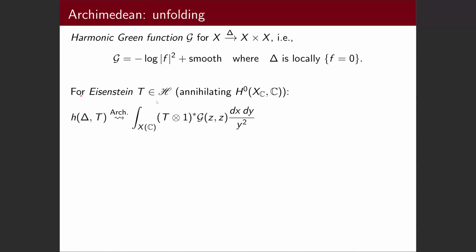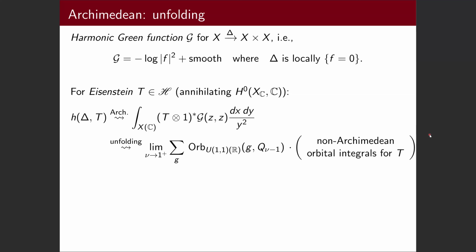Secondly, another advantage of taking this Eisenstein Hecke operator is that the Green's function is only defined up to a constant, but if I take T to be Eisenstein, it kills the constant, and so it's completely unique. Okay, in any case, this is the Archimedean part of the intersection number, the integral of some Green's function, and these Green's functions were studied by Gross and Zagier.